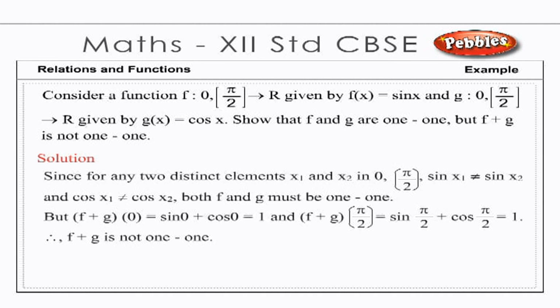Since for any two distinct elements x1 and x2 in [0, pi by 2], sin x1 is not equal to sin x2 and cos x1 is not equal to cos x2, both f and g must be 1 to 1. But (f plus g) of 0 is equal to sin 0 plus cos 0 equal to 1, and (f plus g) of pi by 2 is equal to sin pi by 2 plus cos pi by 2 equal to 1. Therefore, f plus g is not 1 to 1.